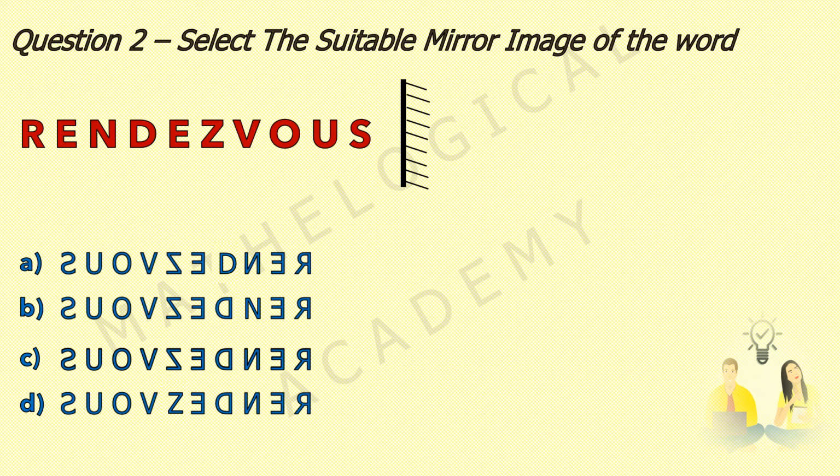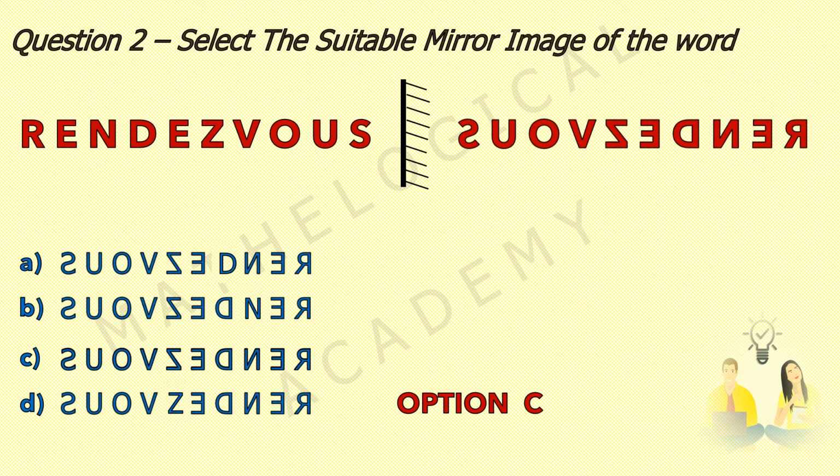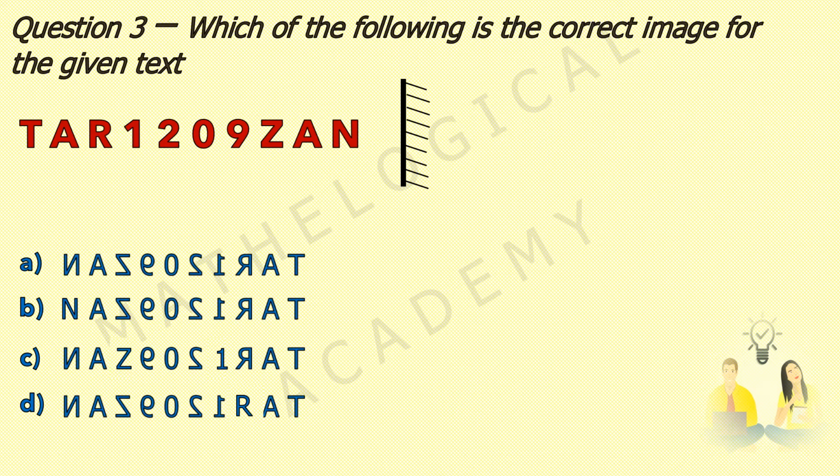Question 2. Select the suitable mirror image of the word rendezvous. 5 seconds. Answer is option C. Which of the following is the correct image of the given symbol?